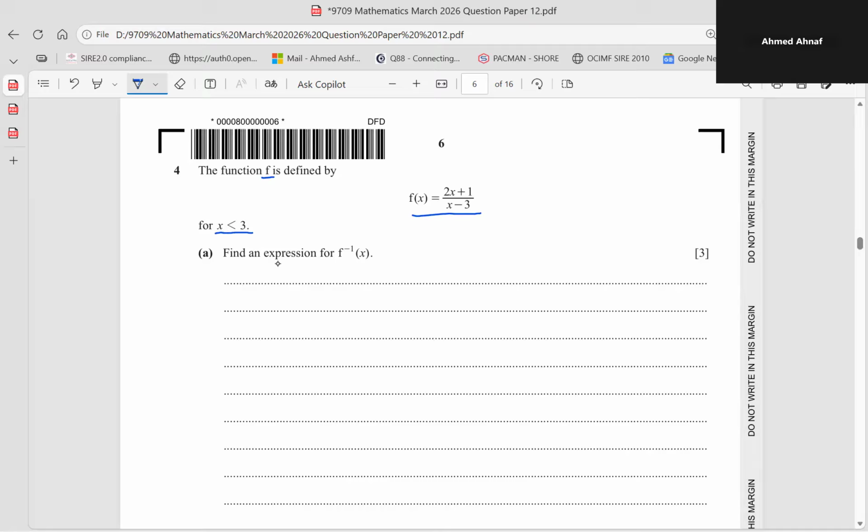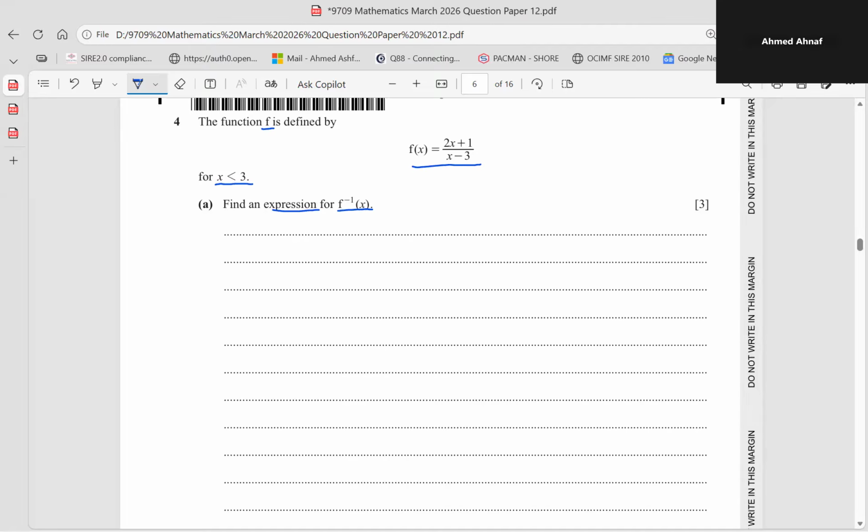So using this, we need to find the expression for f inverse x. Okay, so to find the inverse function of any given function, you replace the f(x) with y, and you make x the subject of the equation. Okay, so that's the first step.